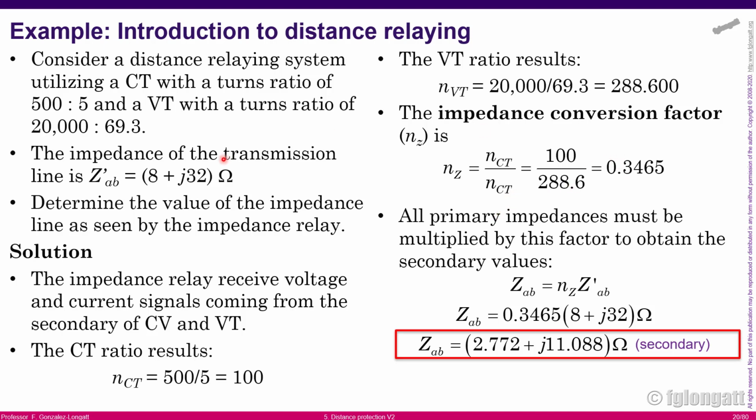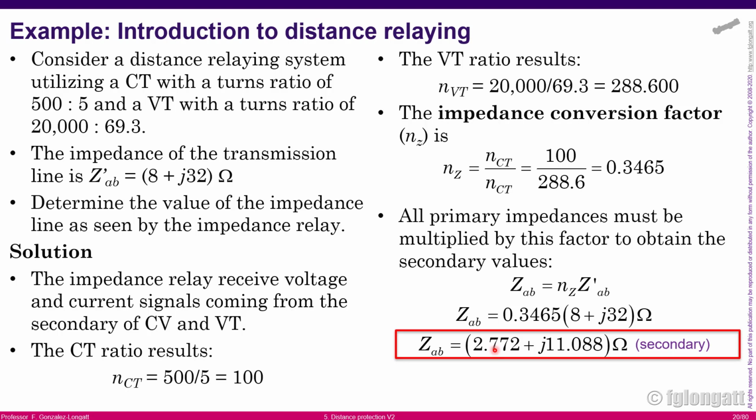What we need to do now is take the impedance of this transmission line from the primary to the secondary, and using the impedance conversion factor, we get 2.72 plus j11.08.